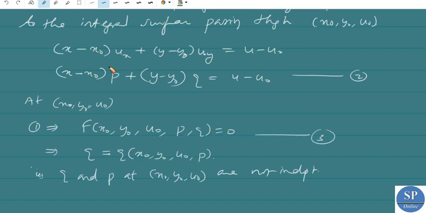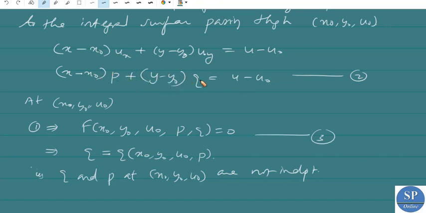Now this equation is the tangent plane at (x0, y0, u0) to the integral surface. We can replace q by a function of p, so this will depend on p. This will be the equation of tangent planes, which is a one parameter family.